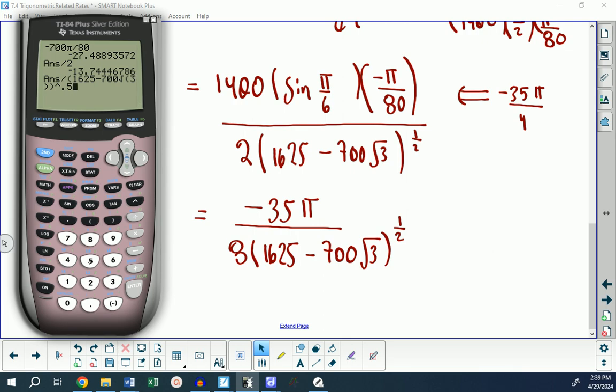Negative 700 pi over 80, that's right, divided by that 2, divided by the square root of 1625 minus 700 root 3. This is what I'm getting.